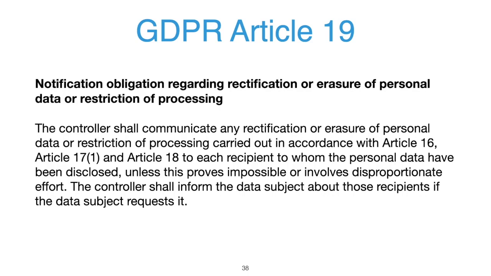Article 19 then addresses the issue that we mentioned earlier about downstream versions of the data subject's personal data. So the data may have been shared or given to other data controllers, and whereas there's a restriction placed on the data in the data controller's database, the data controller must also communicate to all of the downstream holders of that personal data that a restriction has been put in place.